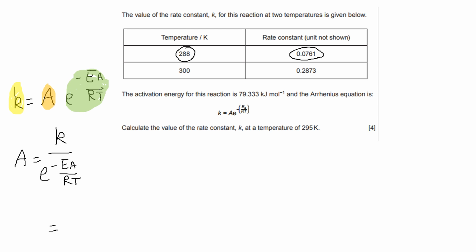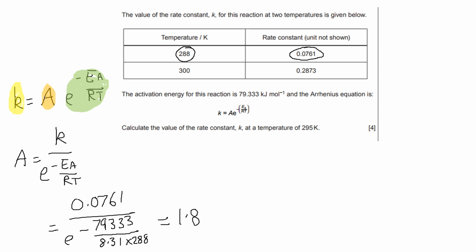So k is 0.0761, and then e to the minus, well, the activation energy becomes 79,333 divided by 8.31, which is your gas constant, you just look it up on the data sheet, times the temperature of 288. And I get that to be, to three significant figures, 1.89 times 10 to the power of 13.